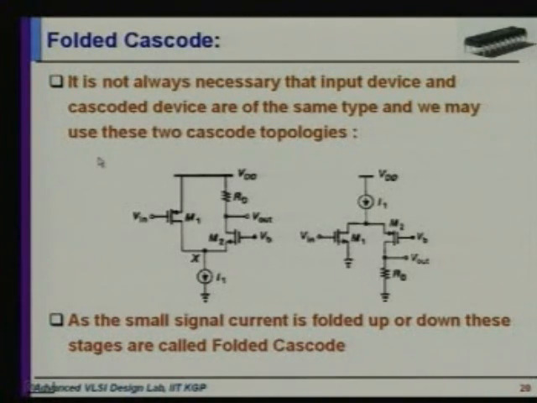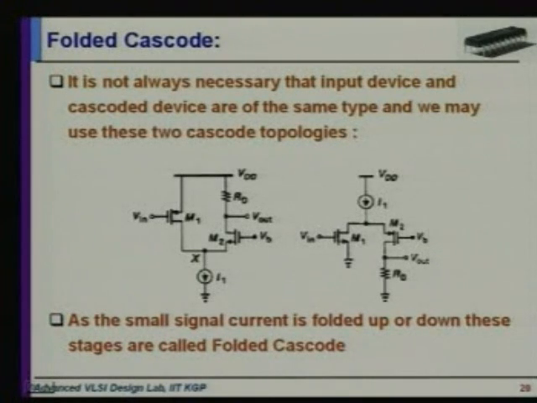If we use PMOS as the input stage, we get this type of cascode stage. The main thing is that the incremental small signal current is folded up in the left hand side case, and it is folded down in the right hand side case.